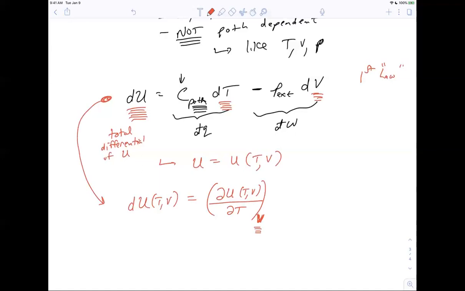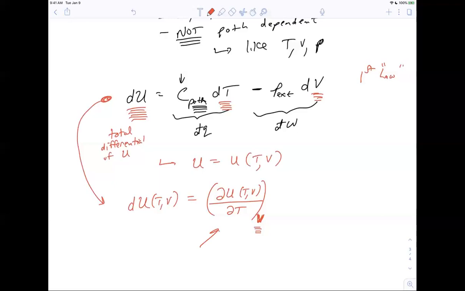So what this is saying again is that we're going to take the partial derivative of u with respect to temperature while holding volume constant. If we were to do an experiment, the volume would be constant. We would vary the temperature, and then if we could measure u, we would measure u at those various temperatures. What this signifies is a rate. You can see that this is the rate of change of u with respect to T.